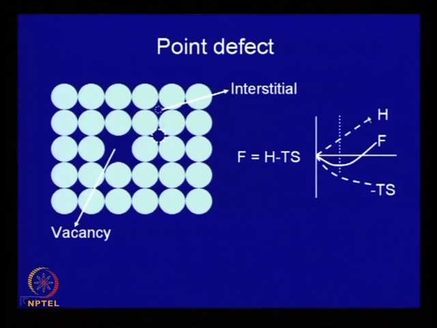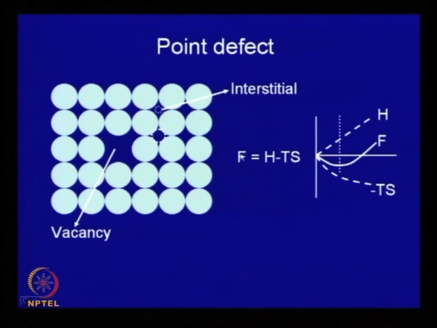So, H is moving like this, and the entropy increases with the disorder, but the overall effect here is minus T S. So, this is negative, temperature times entropy decreases like this.